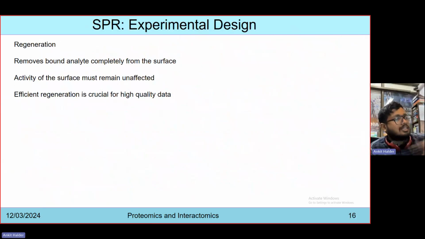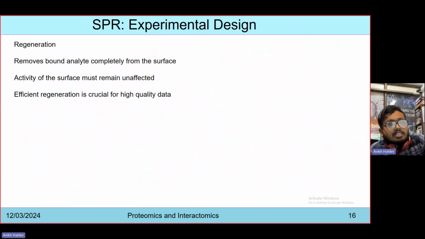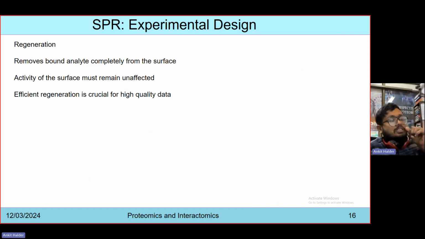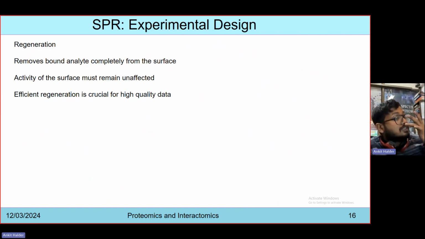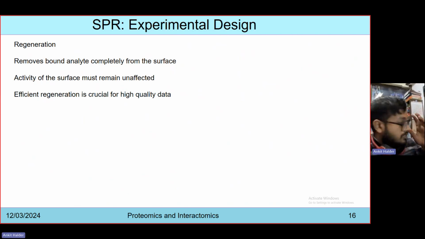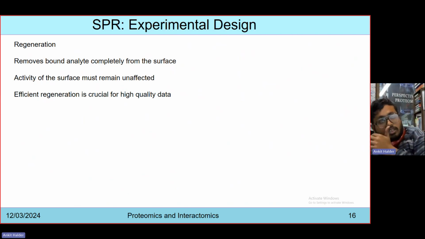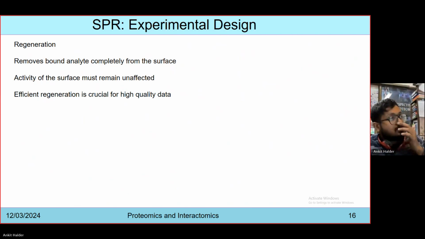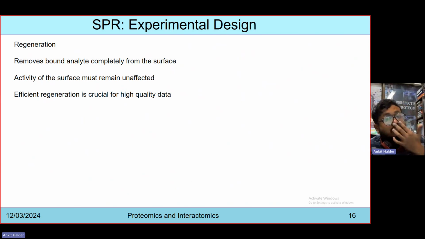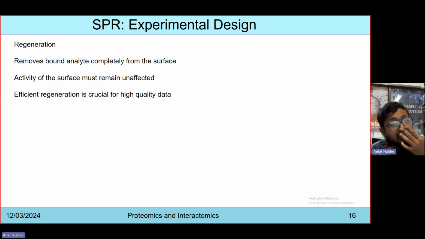It removes the bound analyte completely from your surface, and the activity of the surface must remain unaffected, with no change in the activity. Efficient regeneration is crucial for high quality data. So this kind of regeneration is quite crucial.